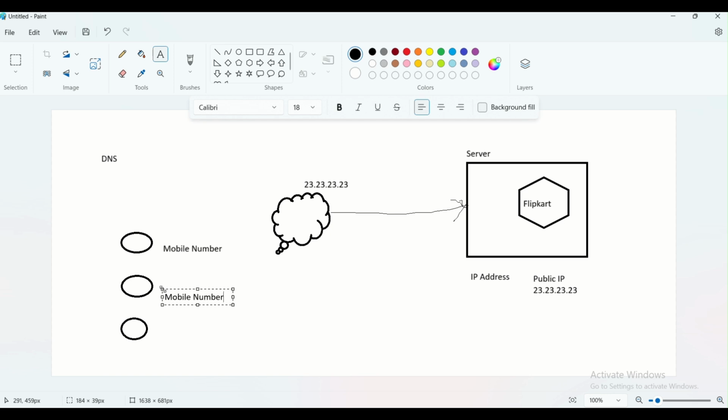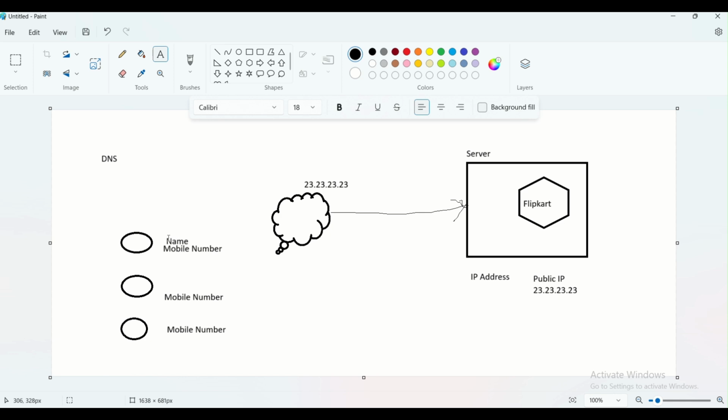That is the reason for what we do on our mobiles. We have a phone book or contact book. What it exactly does is map your mobile number with the respective name you have given, because it would be difficult to remember a mobile number, but easy to remember the name. So you map the mobile number with a name so that you can easily remember it.